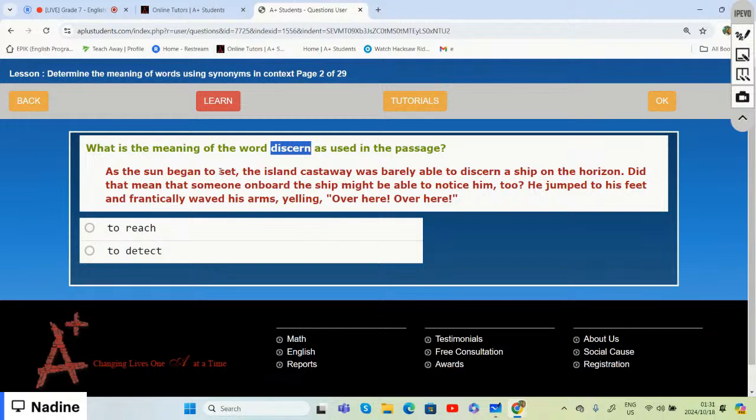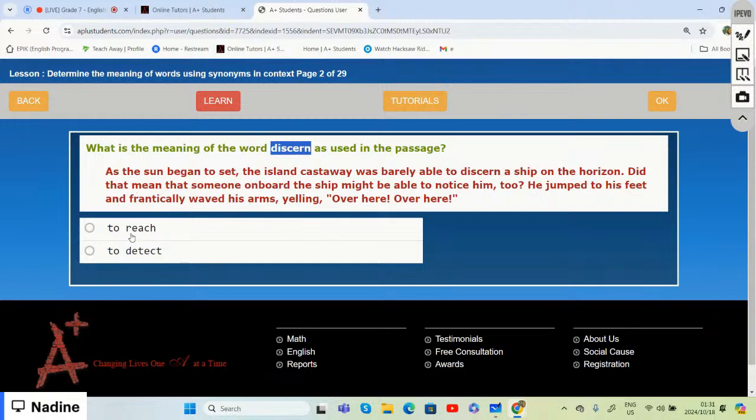As the sun began to set, the island castaway was barely able to discern a ship on the horizon. Did that mean that someone on board the ship might be able to notice him too? He jumped to his feet and frantically waved his arms, yelling, "Over here, over here." Discern. What is the meaning of discern?